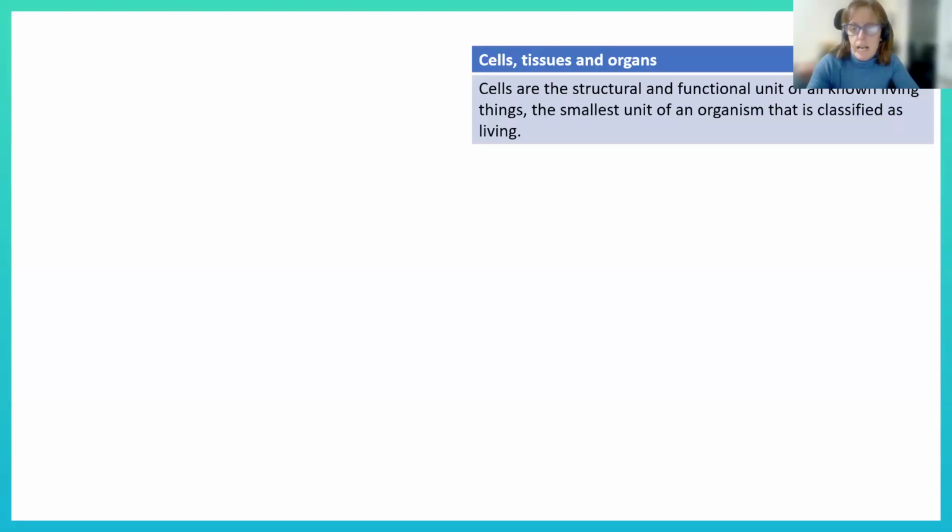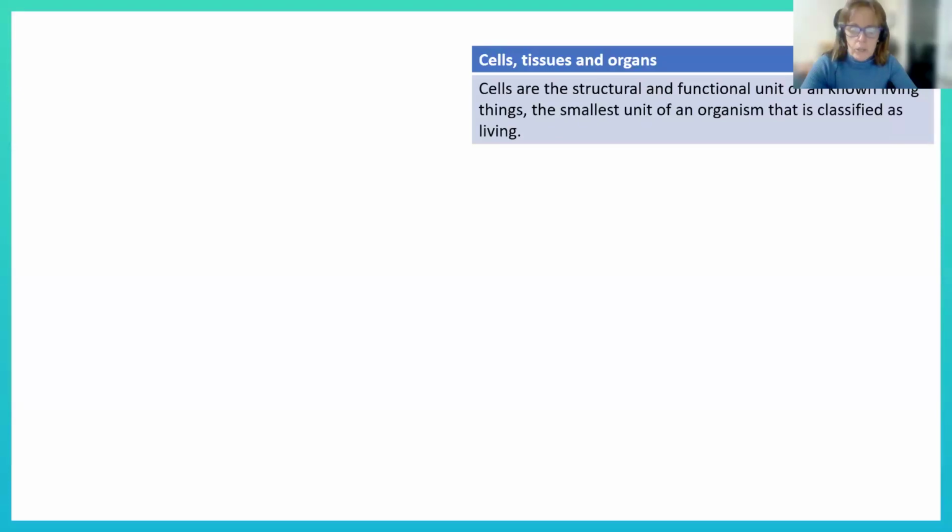So individual cells can be classed as living cells, and they can live actually independently. They don't have to be in an organism. So we can take human cells and we can grow them in the lab. They don't have to be part of a tissue or an organ or a human for that matter. We can grow them in fluids in the lab, and we do as scientists.